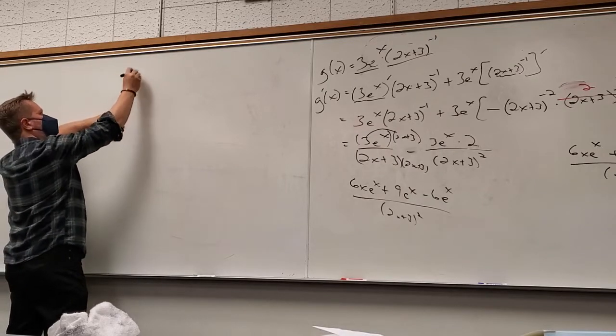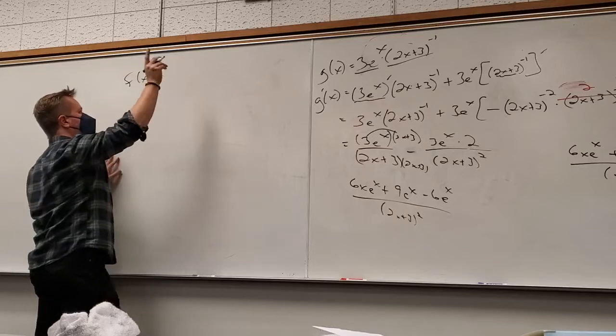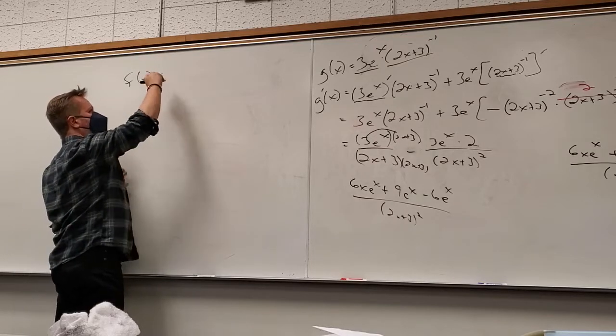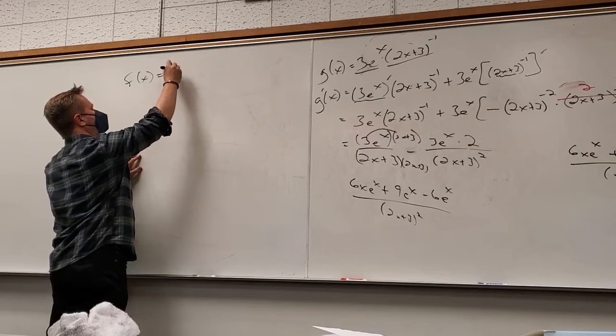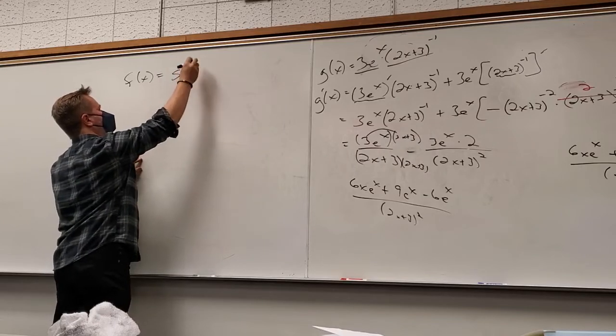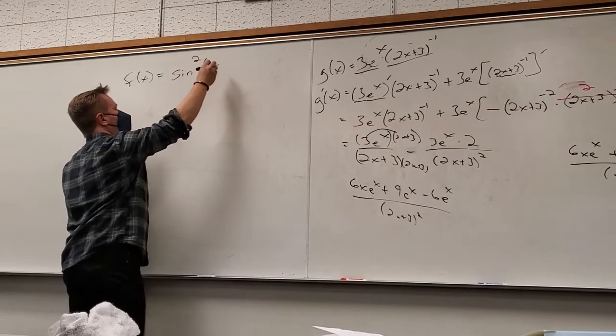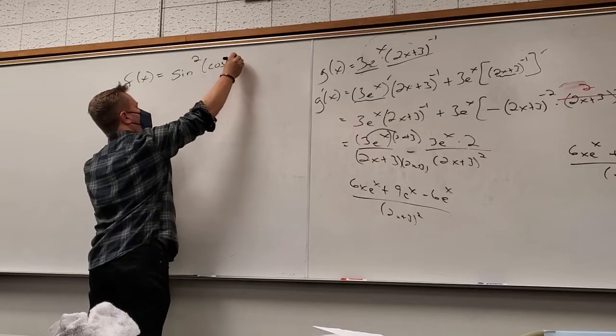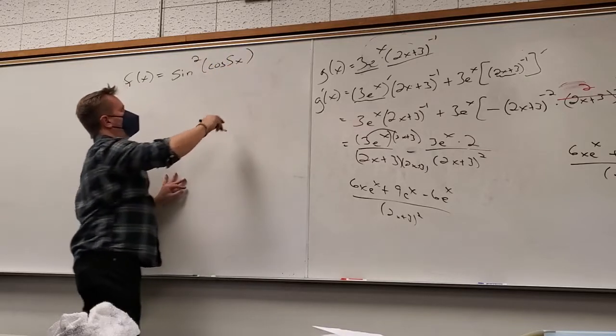How about this here? Let's do a Russian nesting doll problem. Let's see, sine squared of cosine of 5x.